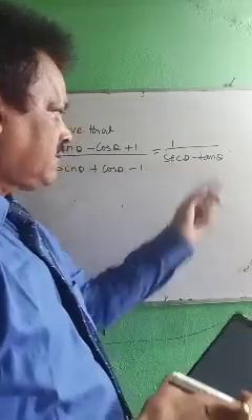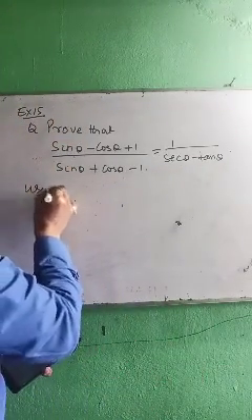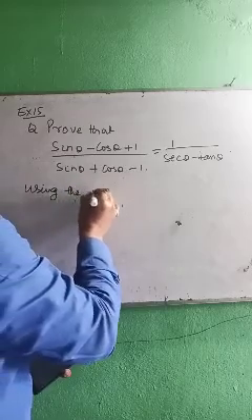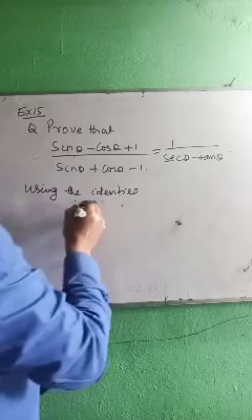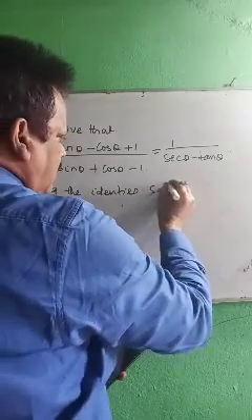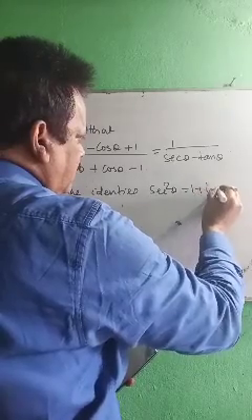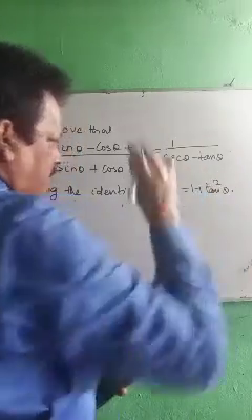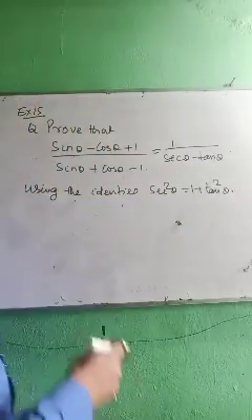So the clue is here. Using the identity sec square theta equals 1 plus tan square theta, this identity you have to use. Exactly the same method. Look at here.